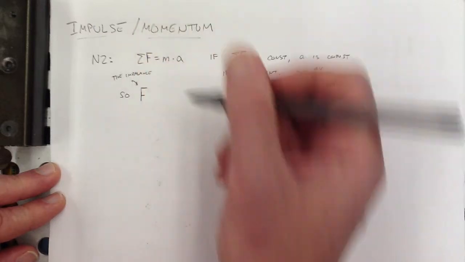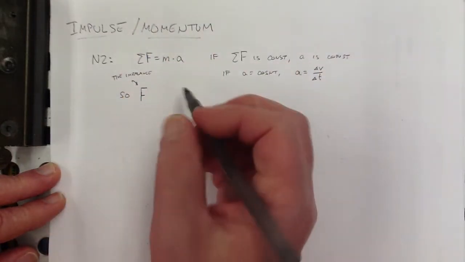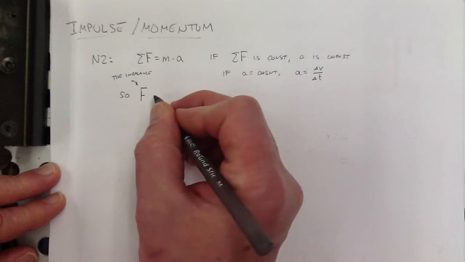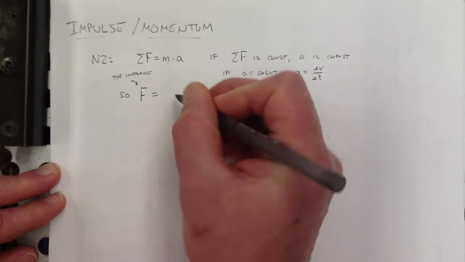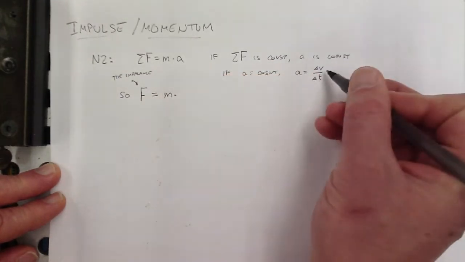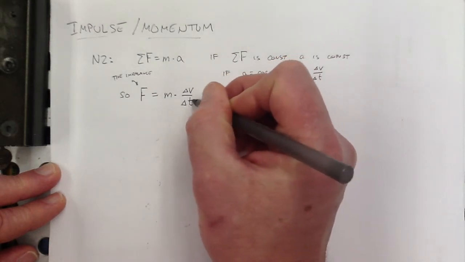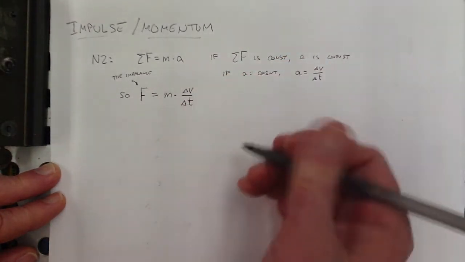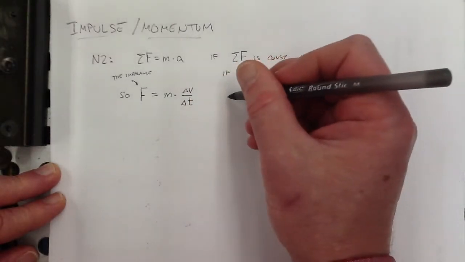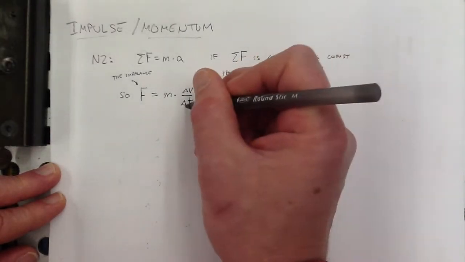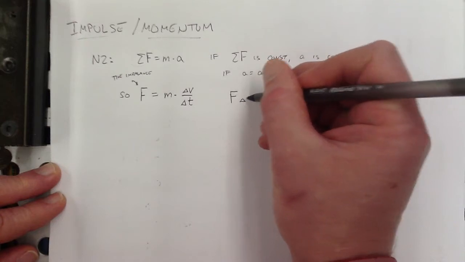I don't want to keep writing that sigma there. I'm going to clean this up so it looks like what I want it to look like. F equals mass times delta v over delta t, and then algebra, I could write that like F, multiply that up over here.